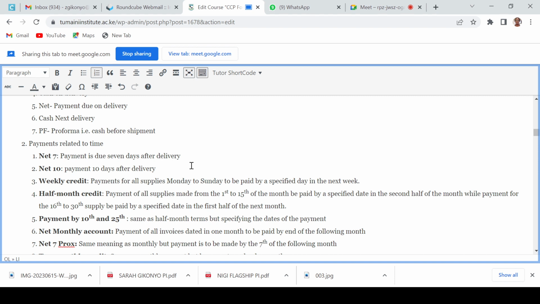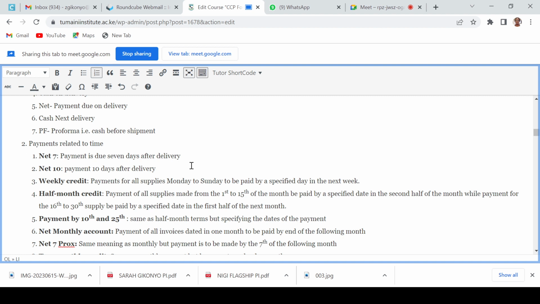It means payment is due 7 days after delivery. So after nime deliver goods, I'll be paid after 7 days. So if I do 10 days, it is payment after 10 days after the date of delivery, right? So hiyo isiwa confuse.